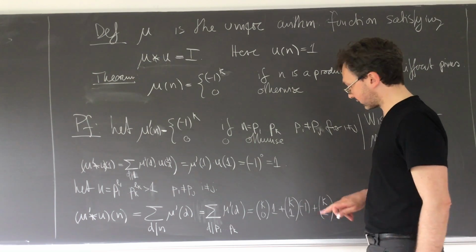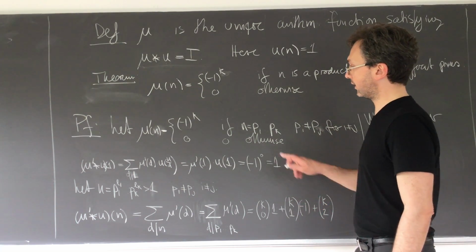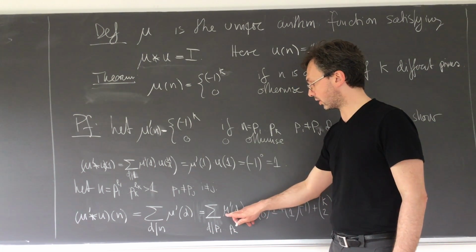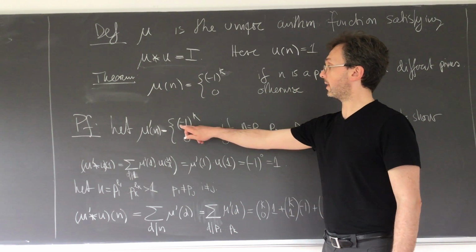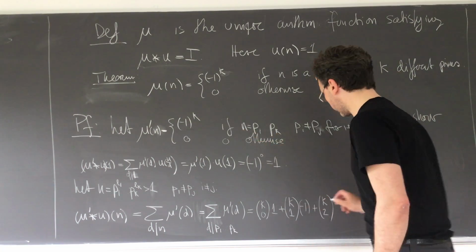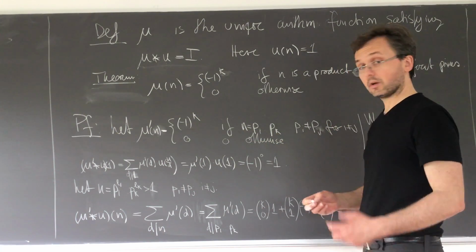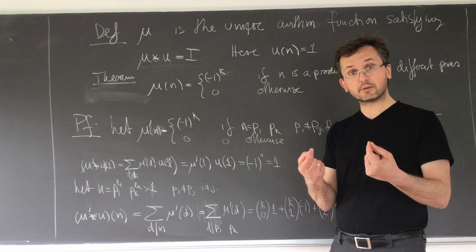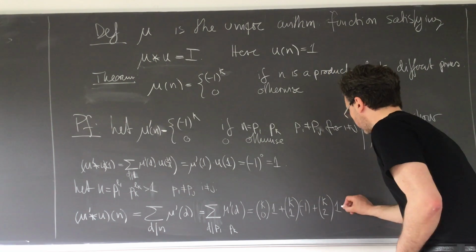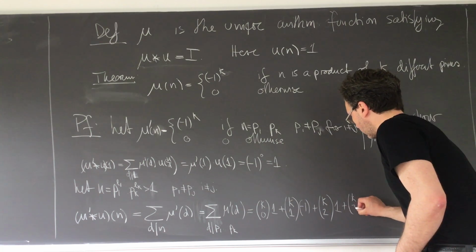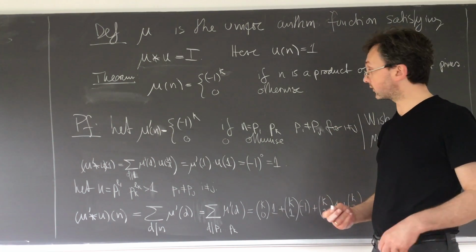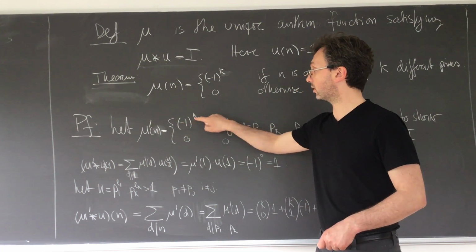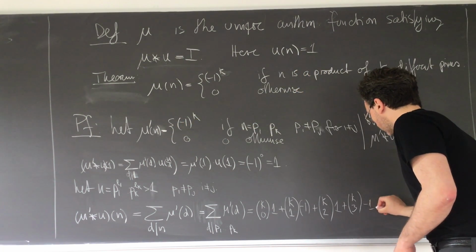All these divisors have the same value of mu prime, namely minus 1 squared, which is 1. Then I take all the divisors that are 3 primes. I can choose those in k choose 3 ways, and the value of the function is minus 1 to the 3, which is minus 1.